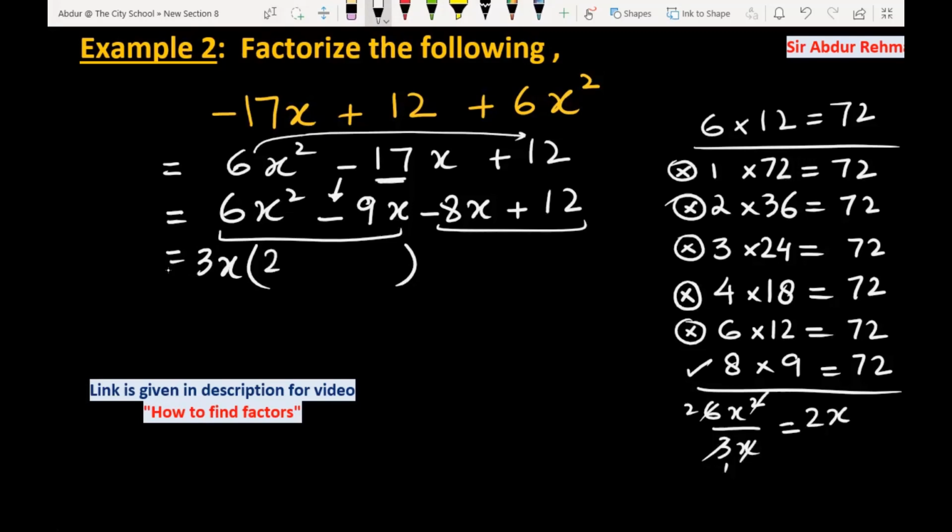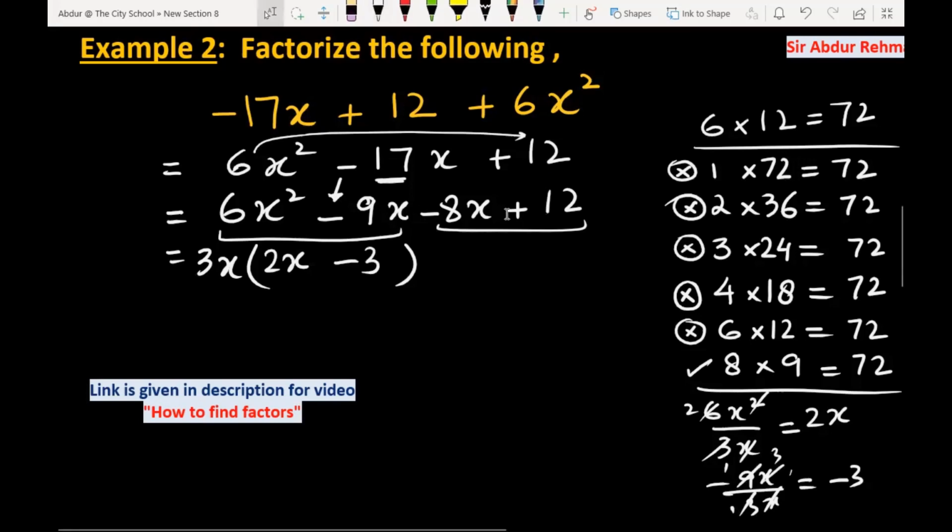So I'm going to write 2x here. And divide minus 9x by 3x, you will get minus 3.